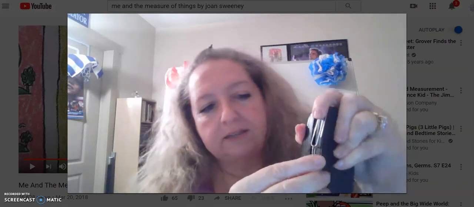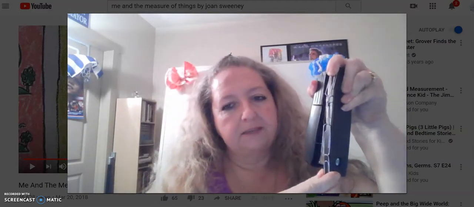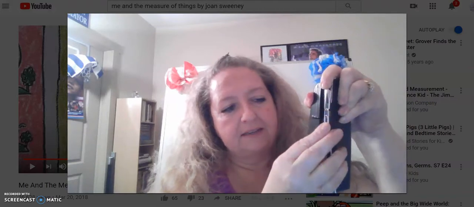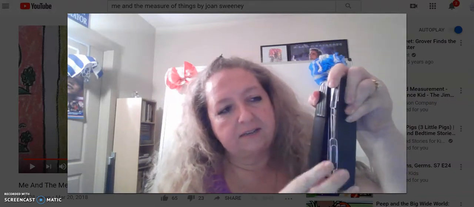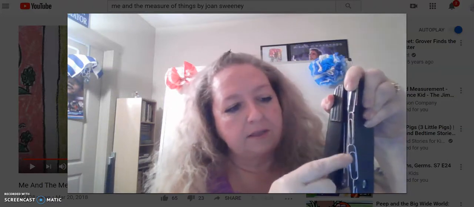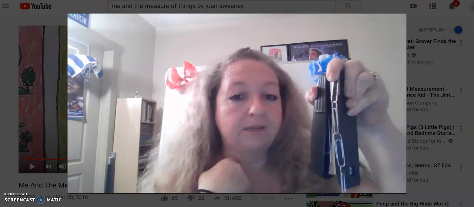I want it right at the end of my stapler, and I can hold it on there, and then I can make sure that my paper clips are hanging and they're flat and they're already touching end to end. So I can say that my stapler is 1, 2, 3, almost 4 paper clips long.